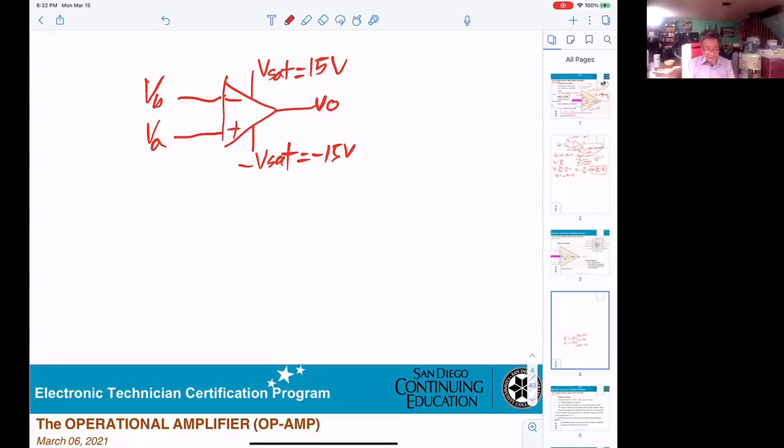Okay, now you can see I get this op amp with the gain AOL, $200,000. And the power supply saturation, I'm using 15 volt and minus 15 volt.